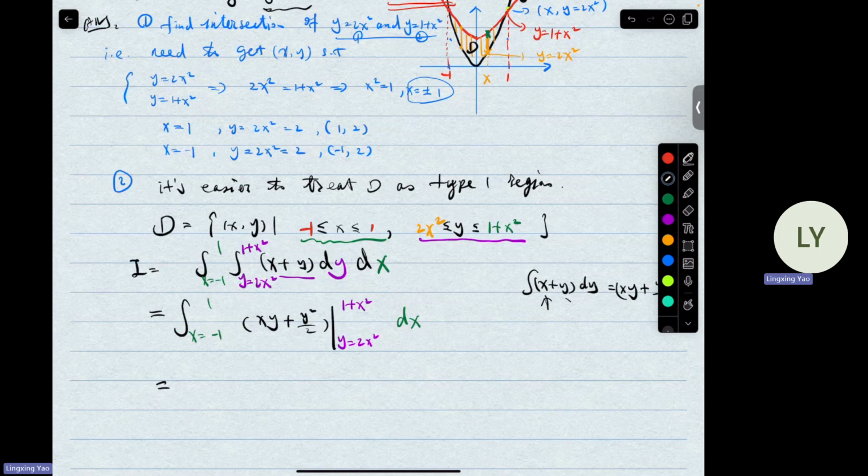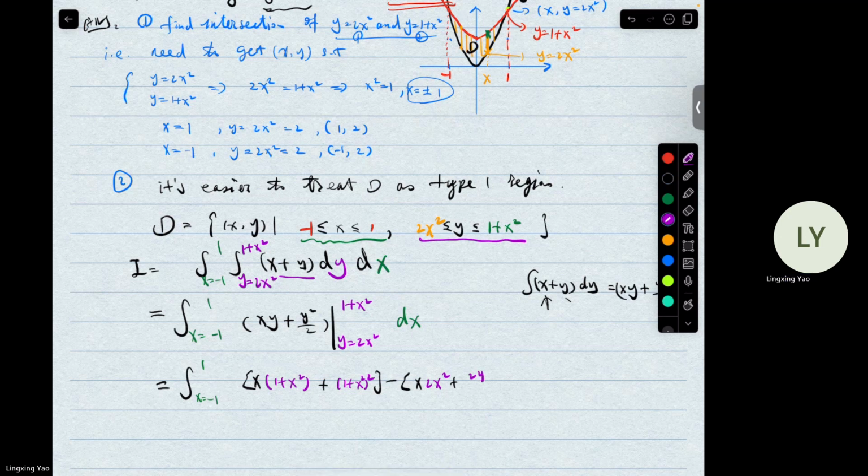Right, so we now could plug in to get x times 1 plus x squared plus y squared, which is 1 plus x squared, and then squared, subtract x times the lower bound, plus again the lower bound for y squared. This is what we have.